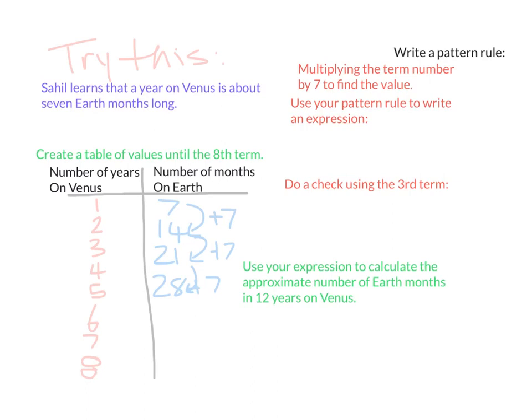Okay, so you're multiplying the term number by 7 to find the value each time. So that is my pattern rule.